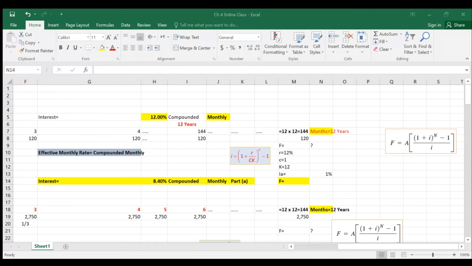Yes, A is 120. It's given, 120 as the monthly amount.